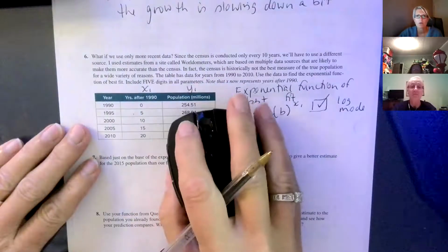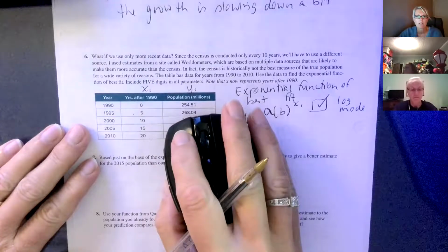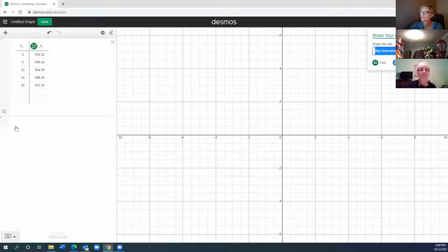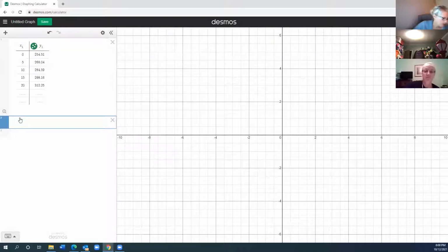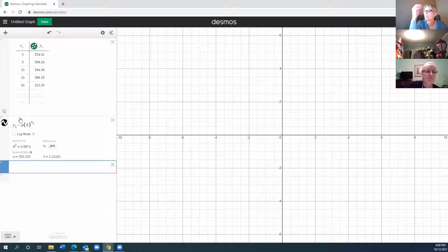So I'm going to go to my Desmos so that everybody can see my Desmos. So in Desmos, I'm typing Y1 tilde A times B to the X1. And then notice I only have an R squared.